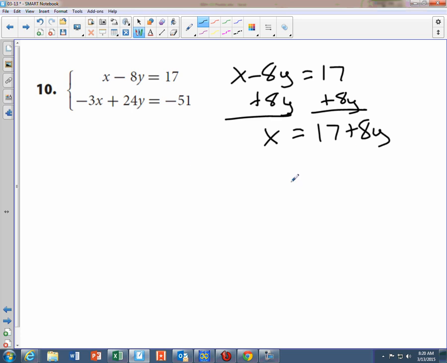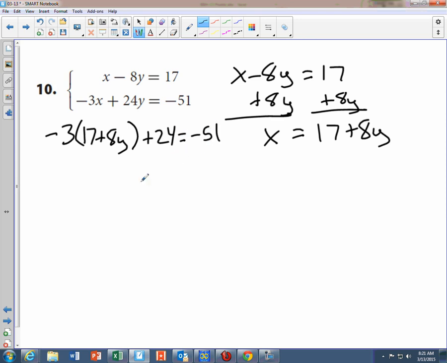Substitute what we solved in for x into the other equation. We can't use the one we were working on, we've got to use the other equation. So instead of negative 3 times x, I'm going to go negative 3 times what? What's going to go inside parentheses here? 17 plus 8y, plus 24y equals negative 51.